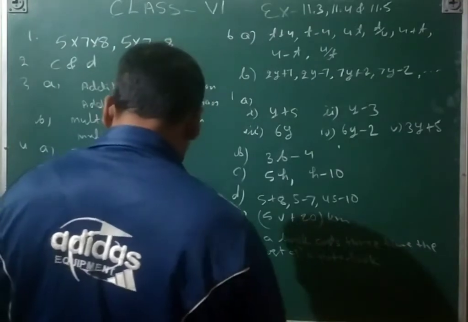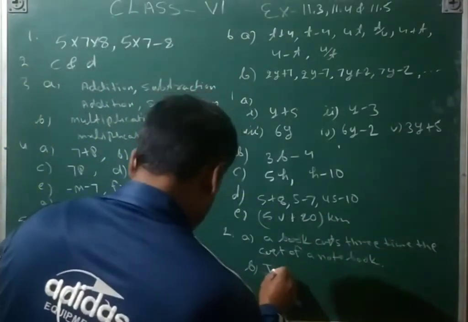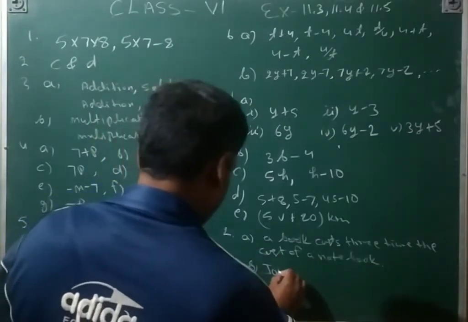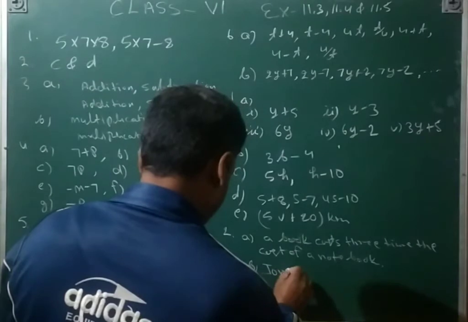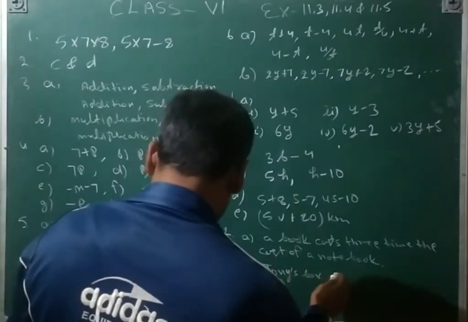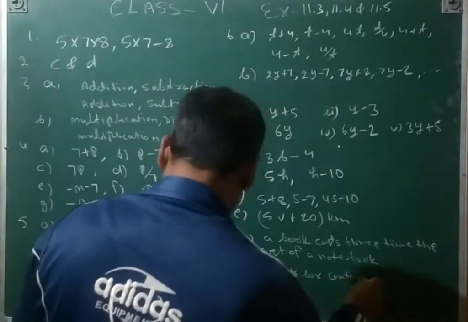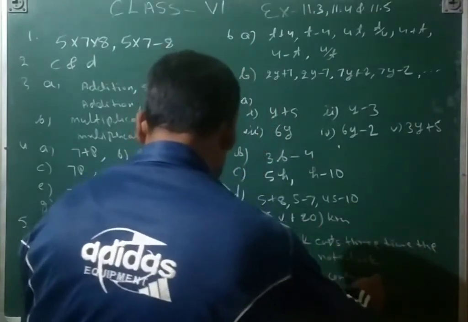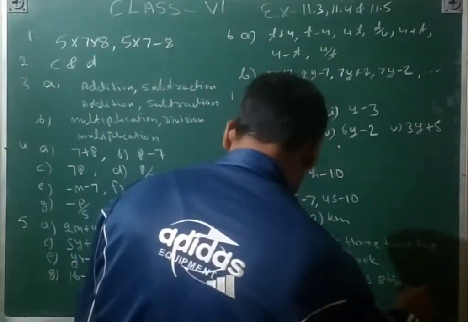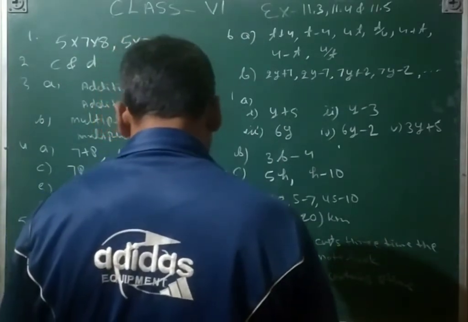Similarly for B we will write that Tony's box contains 8 times the marbles on the table.